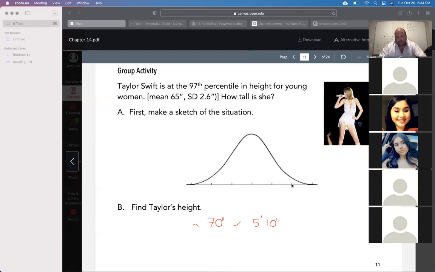Well, let's think about it. 2 we know is 95% of the data, leaving how much for the area here on the left? So it would be a little bit past 2. Well, one second. From here to here, that's 95%, leaving how much for this area here?